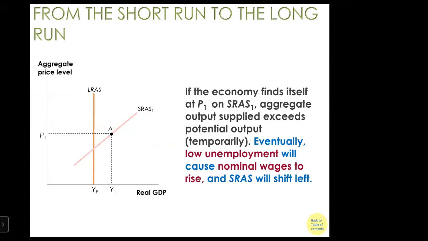Now let's see how we are going to move from the short run to the long run. Here we have two curves. One is long-run aggregate supply, the other is short-run aggregate supply. For example, the current aggregate price is equal to P1.